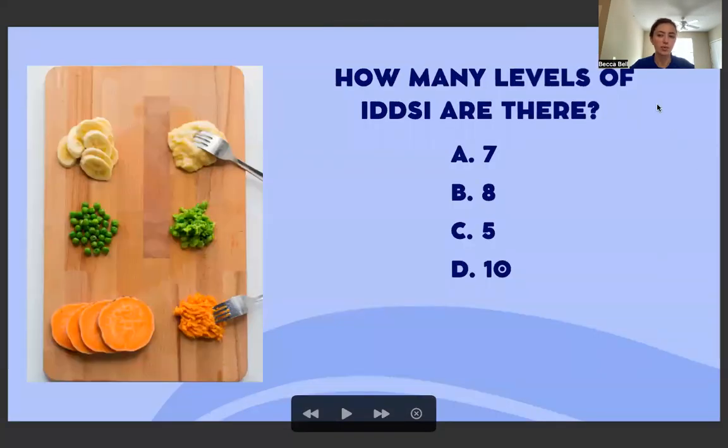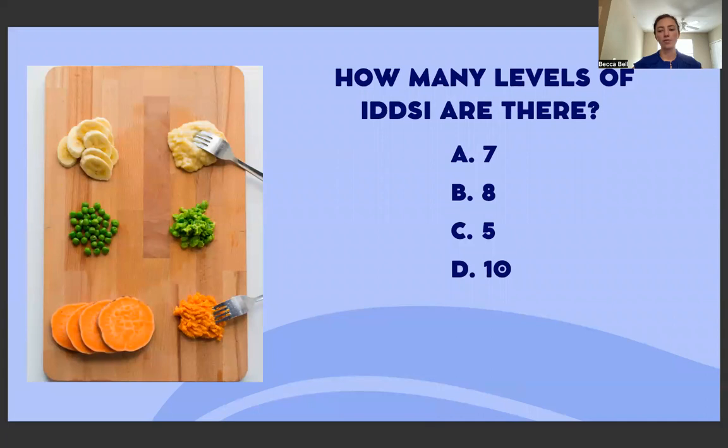Now we're moving on to the questions. I'll read the question and then give a few seconds for you to mentally note the answers that you think. How many levels of IDDSI are there? If you chose answer B with 8 levels, you are correct.